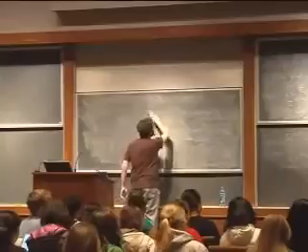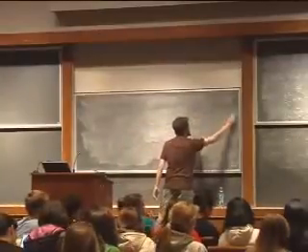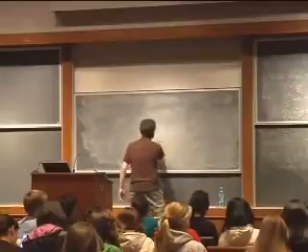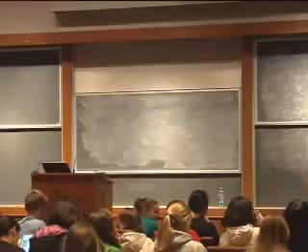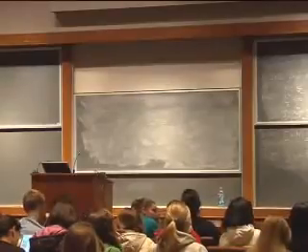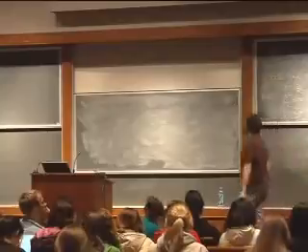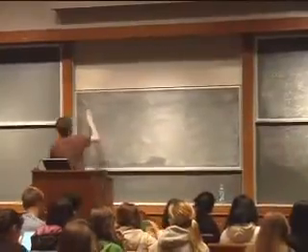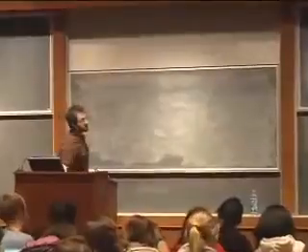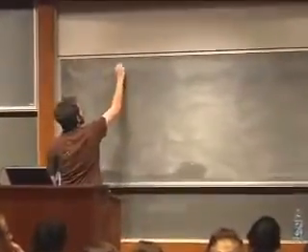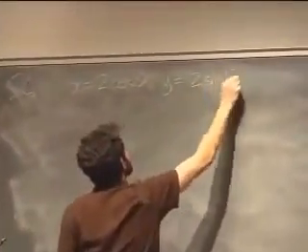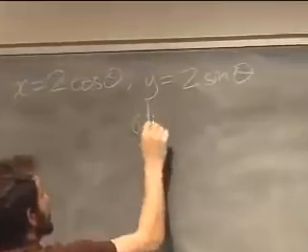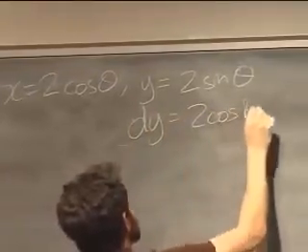Why is there no dx? Because we chose M equals 0. You see? We have M dx plus N dy, and M is 0. Okay, so for the outer circle, for C1, we will parameterize it as follows. It's the circle of radius 2, so we'll take x equals 2 cosine theta, y is 2 sine theta. So dx we don't even need, dy is 2 cosine theta d theta.